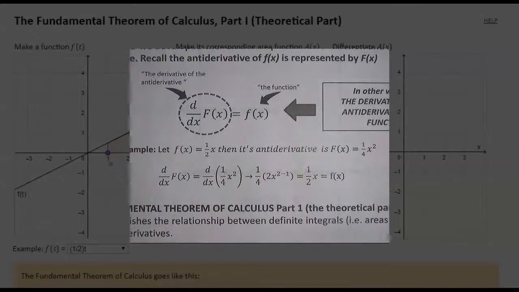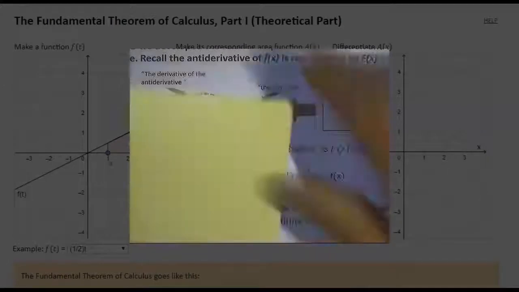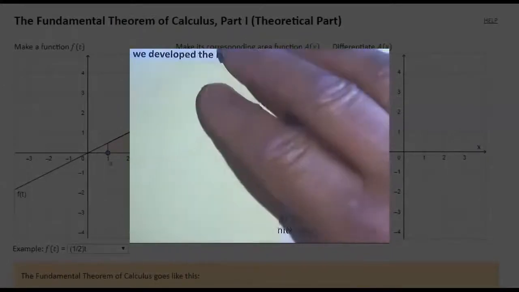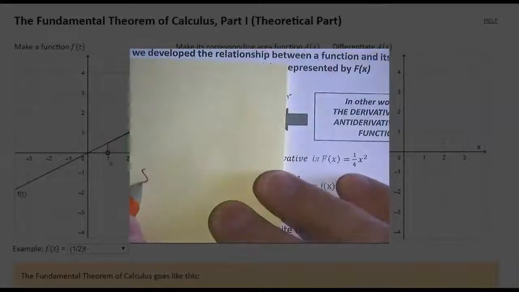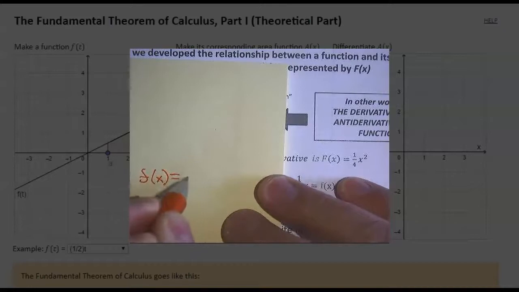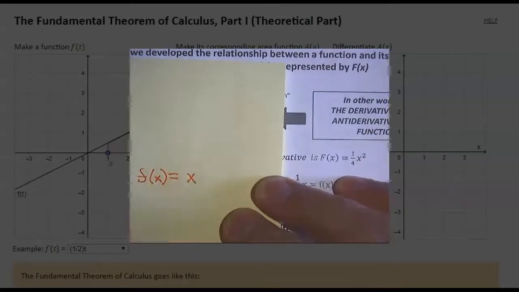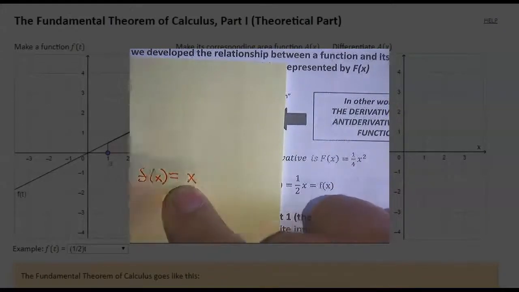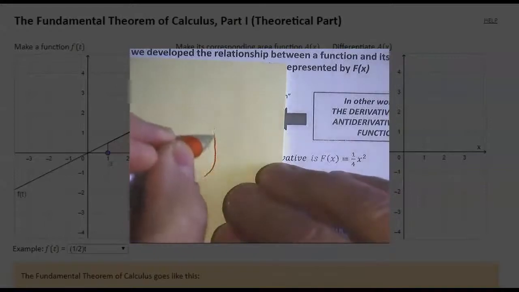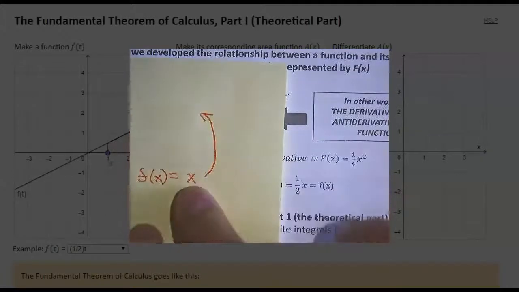So what we just did on that assignment was if I gave you, if I said, okay, here's your antiderivative, or here's your function. Okay, what function created that when you take the derivative?